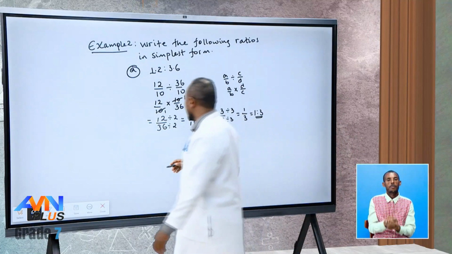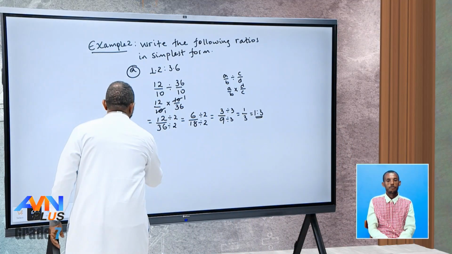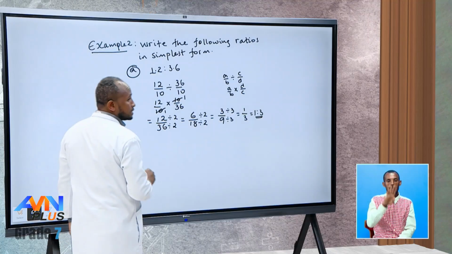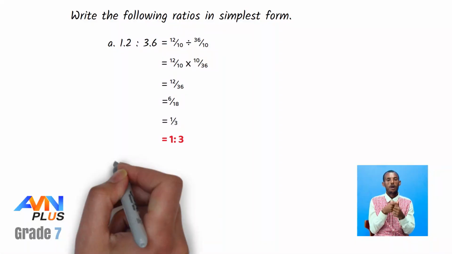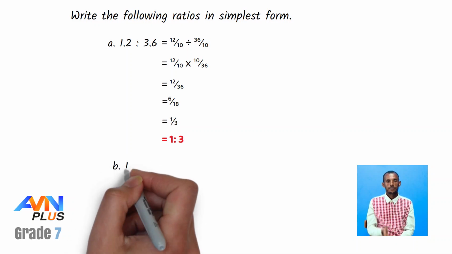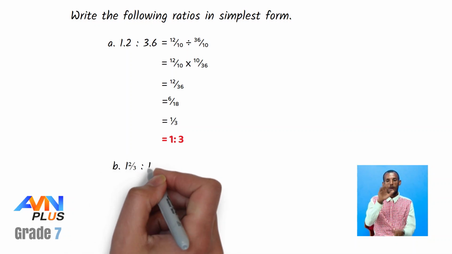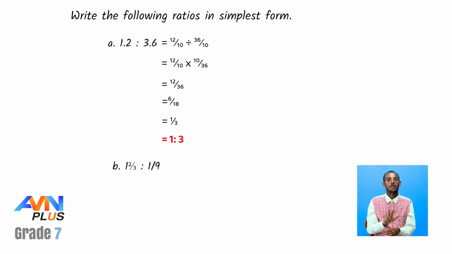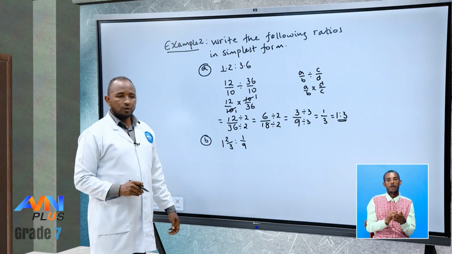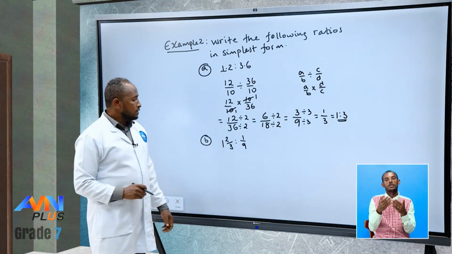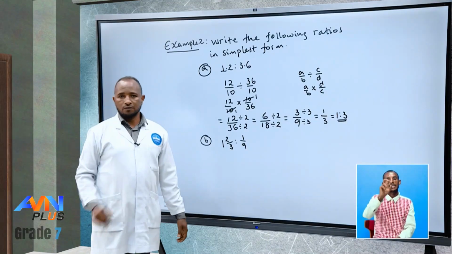Okay, B. Write this ratio in simplest form. 1 and 2/3 ratio 1/9. Please, students, try this ratio to simplify or to write it in simplest form. I will give you 30 seconds for this.